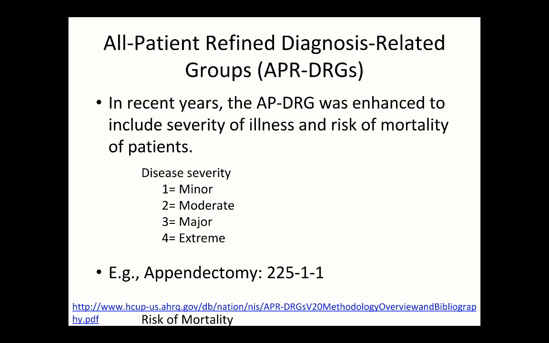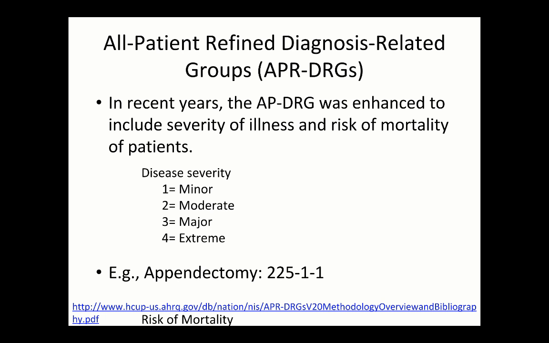However, the APDRG has been enhanced to include severity of illness and risk of mortality of patients, and was renamed the All-Patient Refined Diagnosis-Related Groups, or APRDRGs. The link at the very bottom of the screen contains a lot more information about this transition.